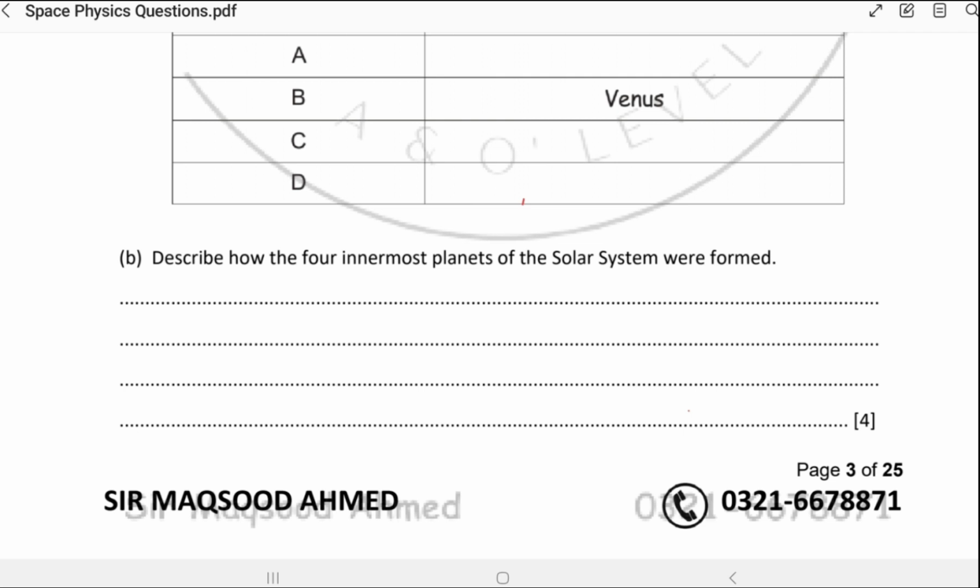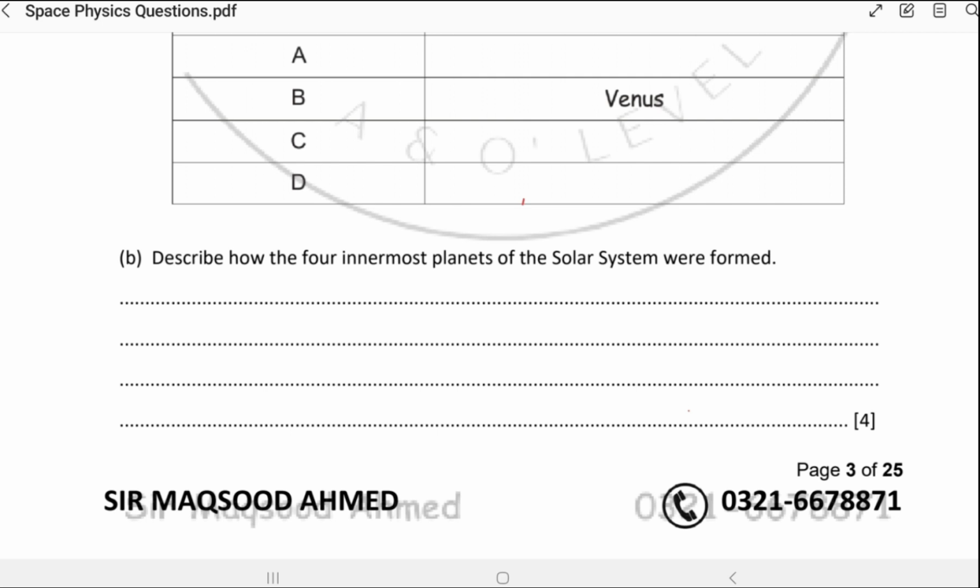Question number 4, part B. Describe how the 4 innermost planets of the solar system were formed. Friends, the 4 innermost planets of our solar system, Mercury, Venus, Earth, and Mars, were formed through a process called accretion. In planet formation, a cloud of gas and dust, called a solar nebula, collapsed under its own gravity.